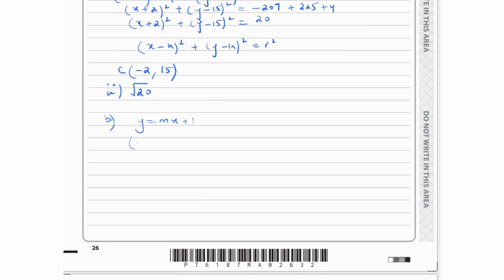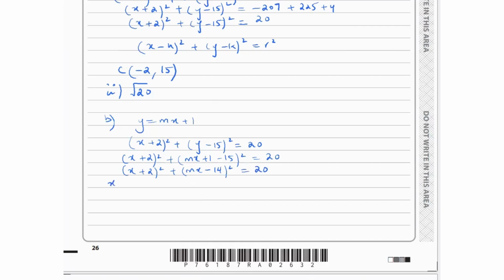So we have (x plus 2) whole squared plus (y minus 15) whole squared equals 20. So replace y with mx plus 1. So it's going to be minus 14 over here.